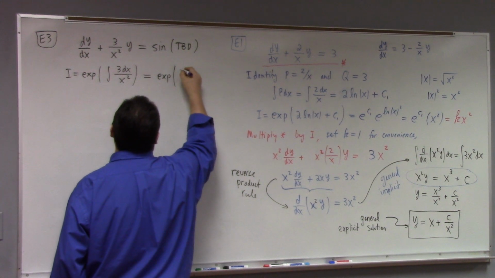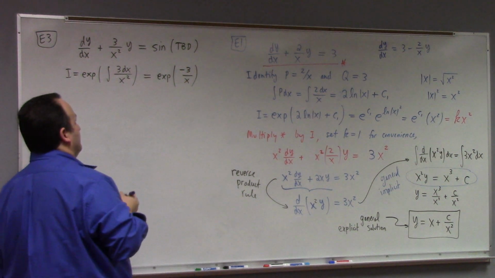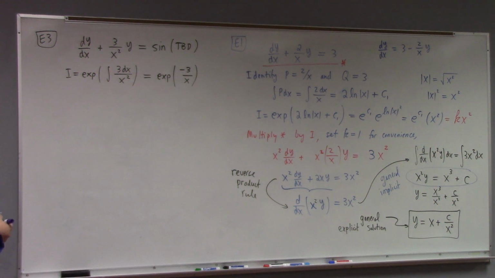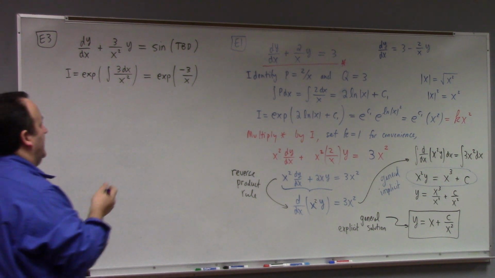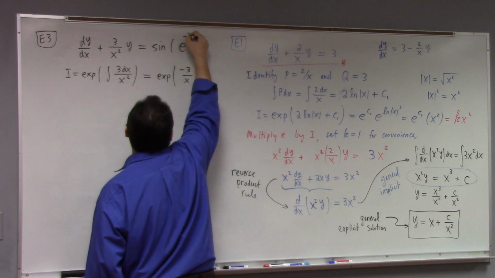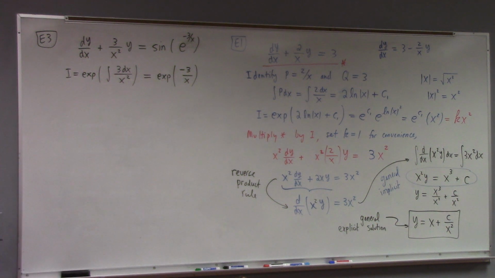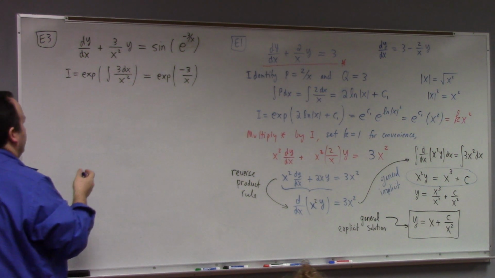I think I've got a minus 3 over x. So this is e to the minus 3 over x then. I just made this problem so that the next step is possible for us, I think. We'll find out. So join me in the adventure.